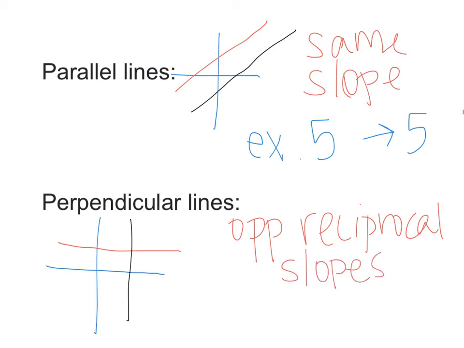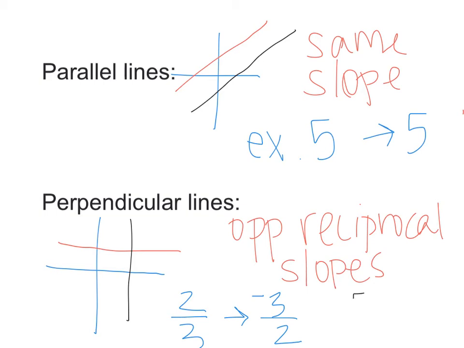Here's your first example. If my slope was 2/3, reciprocal means flip it upside down. So that becomes 3 over 2. The opposite means change your sign. So we get a negative 3 over 2. Let's do one more.